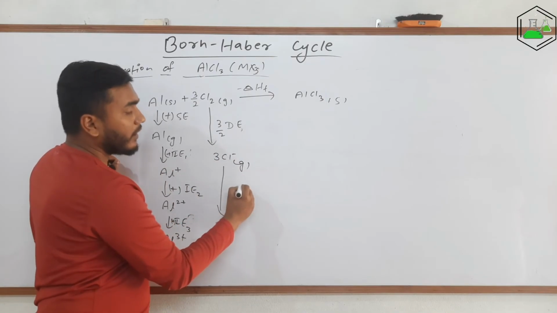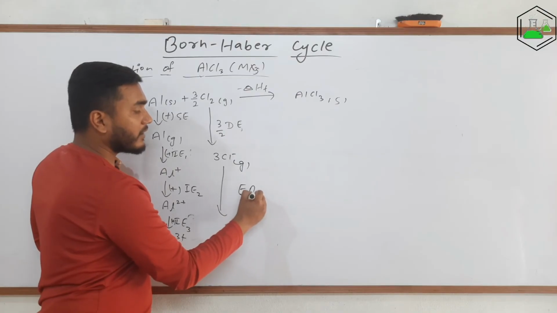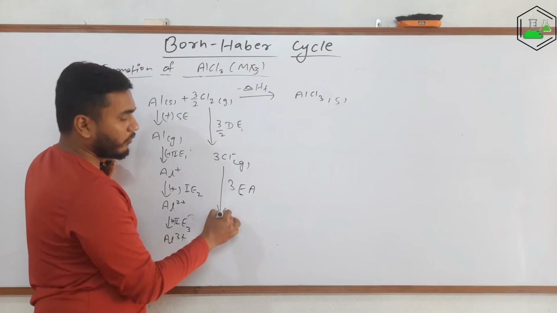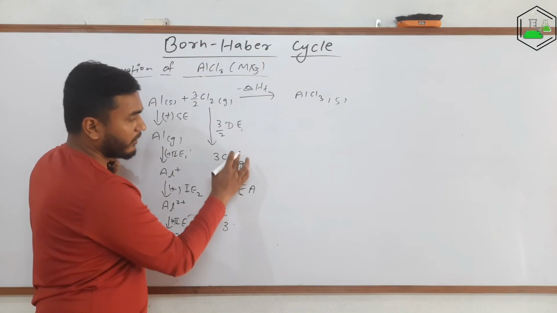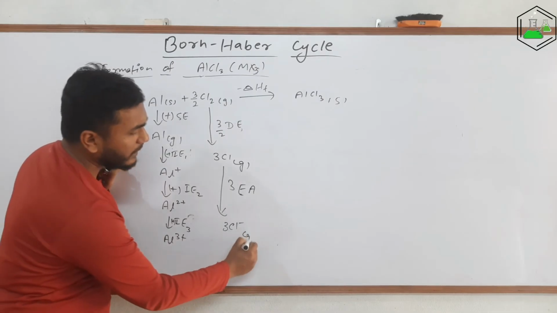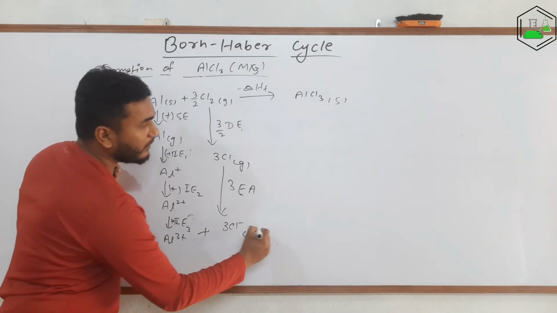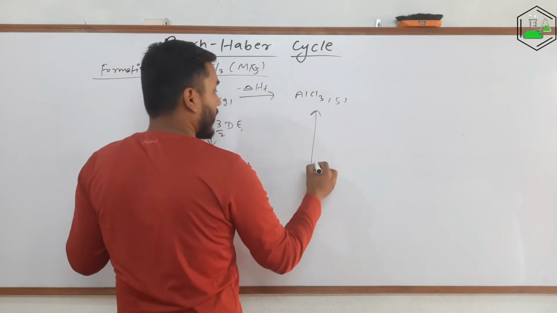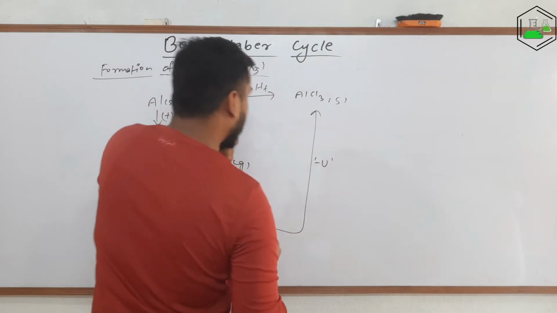And finally, it will release some energy, that is electron affinity, 3 times electron affinity, to convert it into 3 Cl minus form. This is also in gaseous state. And finally, these two will react and form AlCl3 in solid state, and the energy released is minus U.